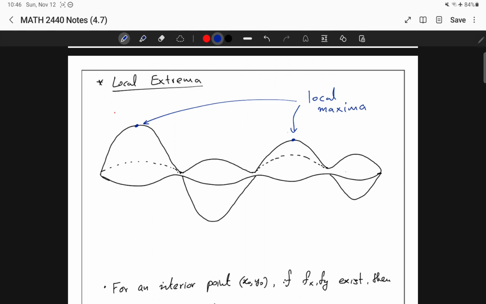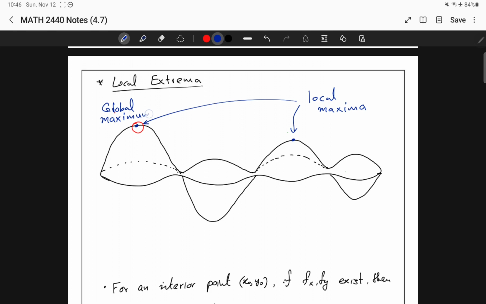So these peaks have the property that in the nearby vicinity, it's the maximum. So they are called local maxima. And the biggest out of them, in this picture, it's this one, that is the global maximum.